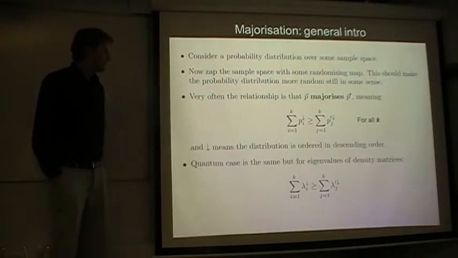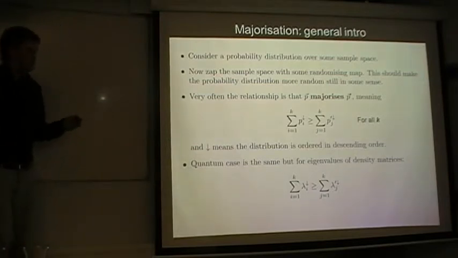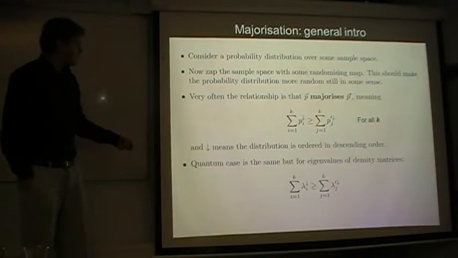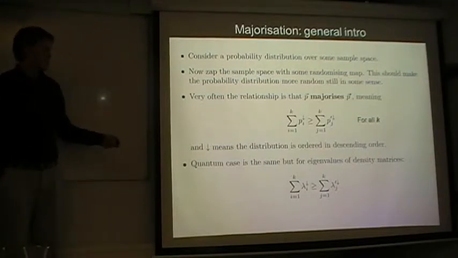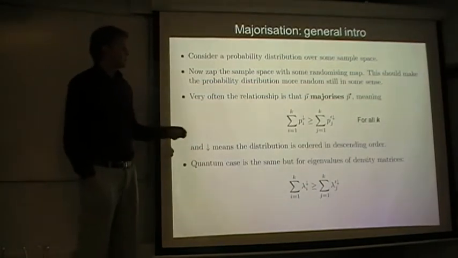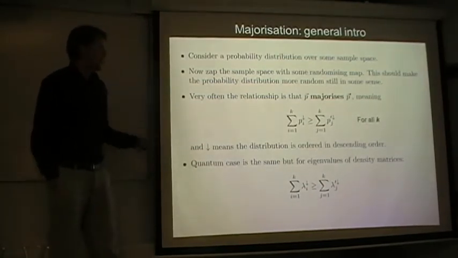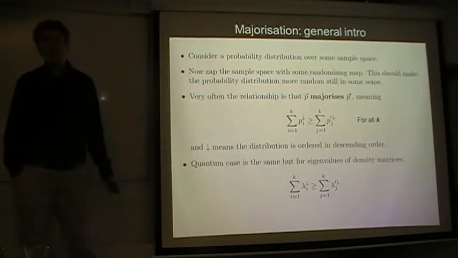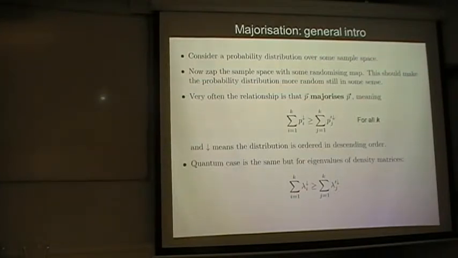I will discuss why that is and how to visualize it. I also briefly mention already that the quantum case is the same: you say that density matrix rho majorizes rho prime if the eigenvalue spectra obey the same relations. You refer to finite space here? Finite spaces, yes.